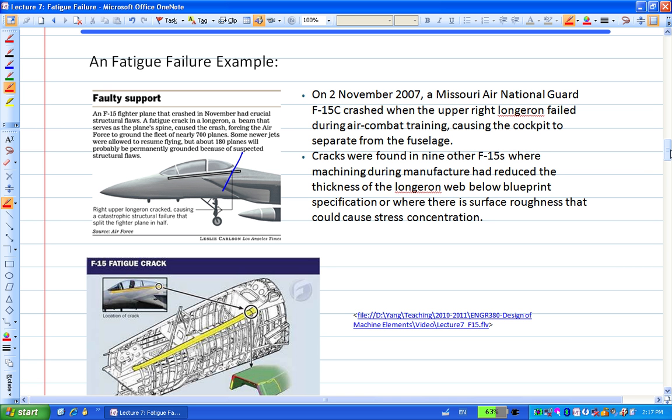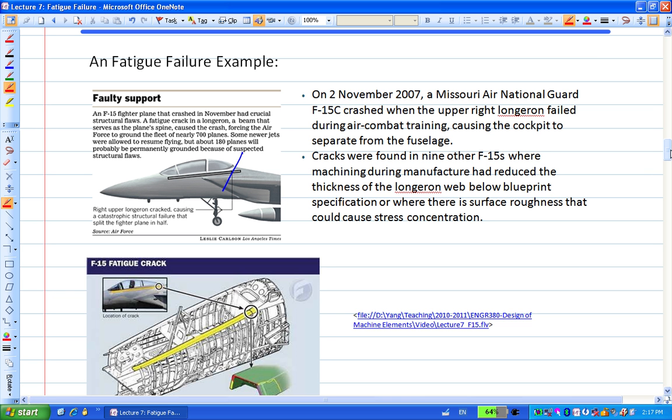And here's an example showing you a catastrophic kind of fatigue failure. If you read it here, on November the 2nd, 2007, a Missouri Air National Guard F-15C crashed when the upper right longeron failed during air combat training. The longeron is basically a beam, a very important beam supporting the structure of this airplane.